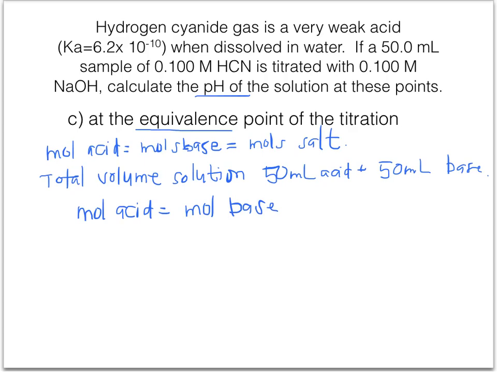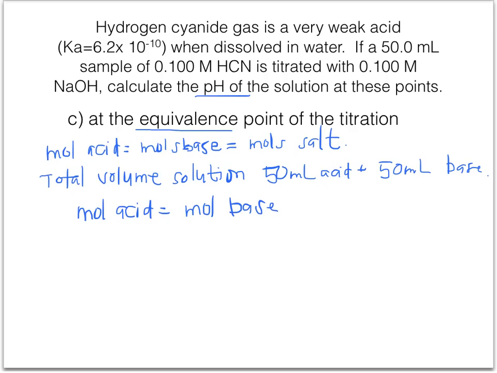In order to get 5 millimoles of base, I needed 50 milliliters because the molarity of NaOH is 0.1. Okay, what else do we need to know? I think that's it. And then we can go into our hydrolysis equation.